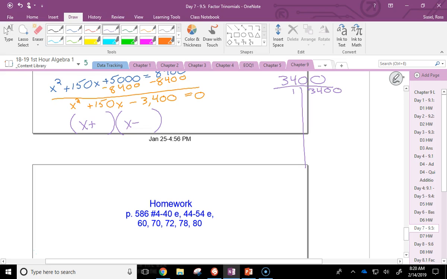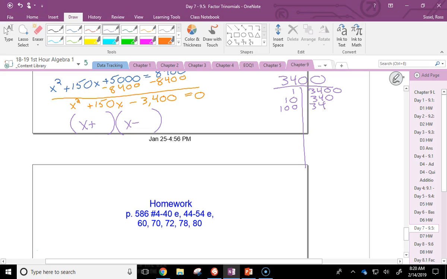Thank you. Alright, so we could keep going here. I'm going to have to get it so when I have my absolute value, it's 150. So I could keep going with a ton of these, or I could also realize this could be 10, and that could be 340, or that could have been 100, and this could have been 34, just by factors.